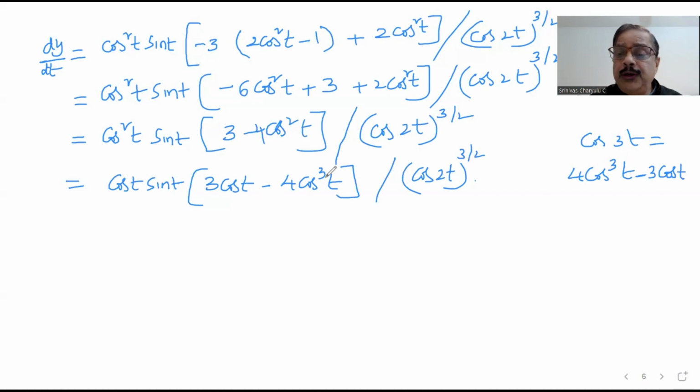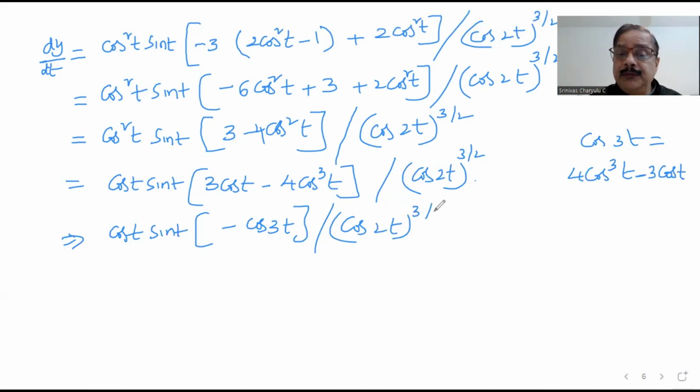But here you are having ulta. So minus you put inside. So that will become cos t sin t, this will become minus cos 3t, whole thing divided by cos 2t whole to the power of 3 by 2. Okay. So now this is our second equation.